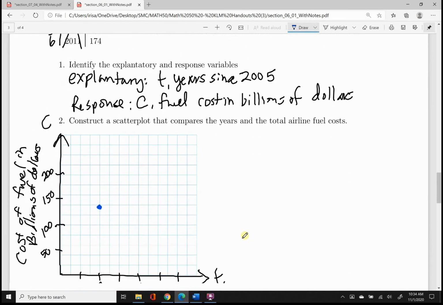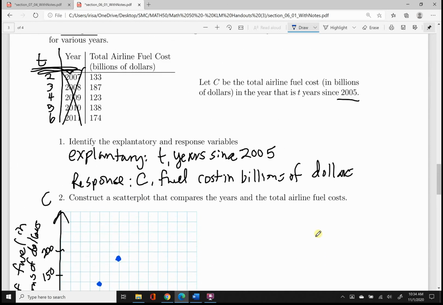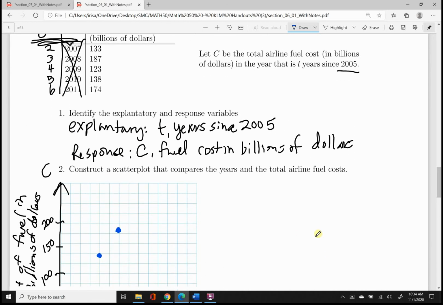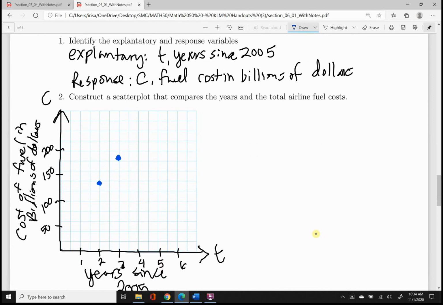For 3, it's 187, which is closer to 200, so a little bit above here. Then we go back down for the 4th year, to about 125, so somewhere around there.